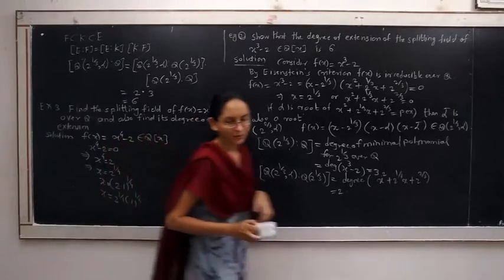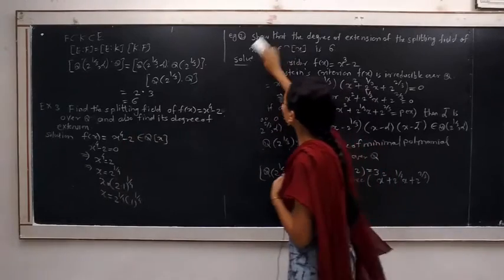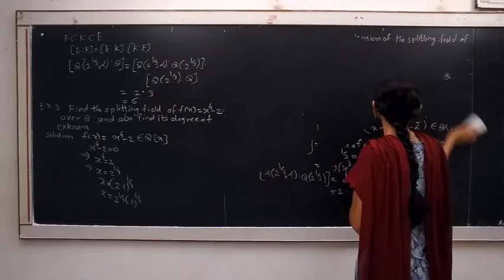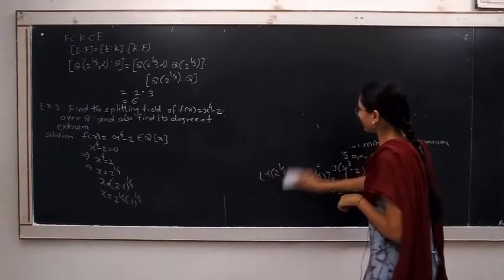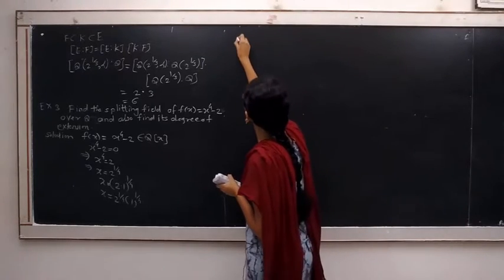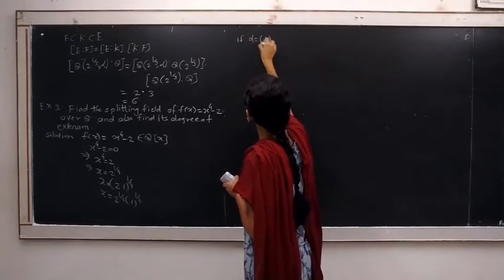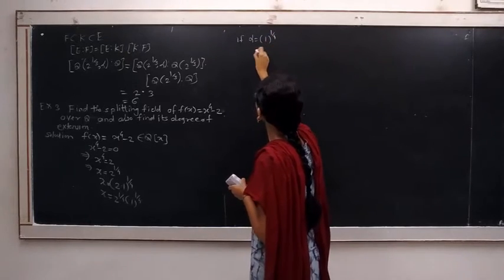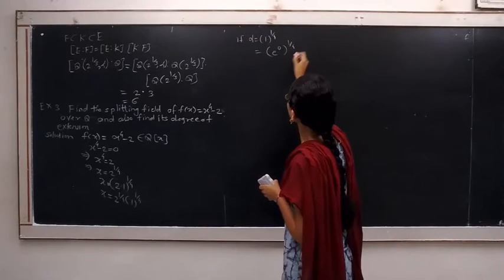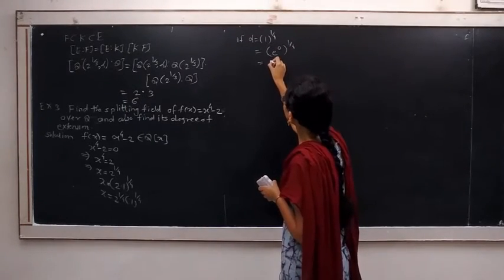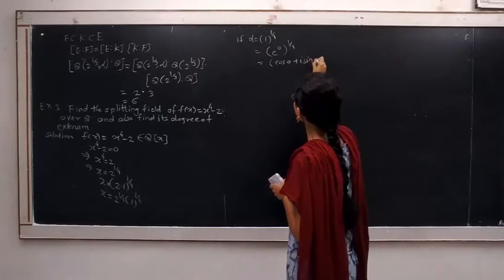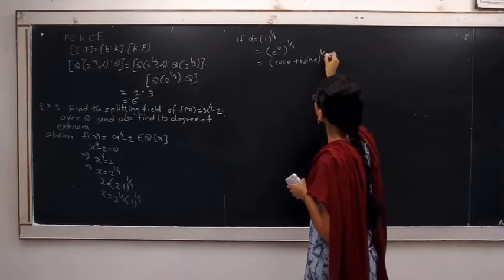Or in a routine way, we can find the 4th root of unity. Consider the number 1^(1/4) as alpha. If alpha = 1^(1/4), then this one is nothing but e^0. By Euler's formula, this is equal to (cos 0 + i sin 0)^(1/4).